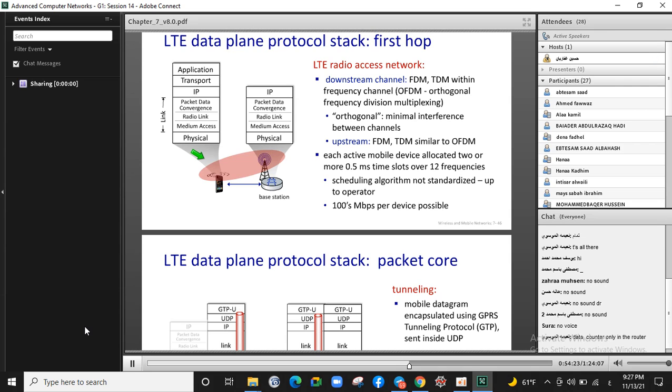One channel for upstream and the other for downstream. What does it mean? It means that I have two channels. So at the same time, I can send information over the upstream channel, my voice, for example, and at the same time, I can receive the sound of the other side from the downlink channel or downstream channel.